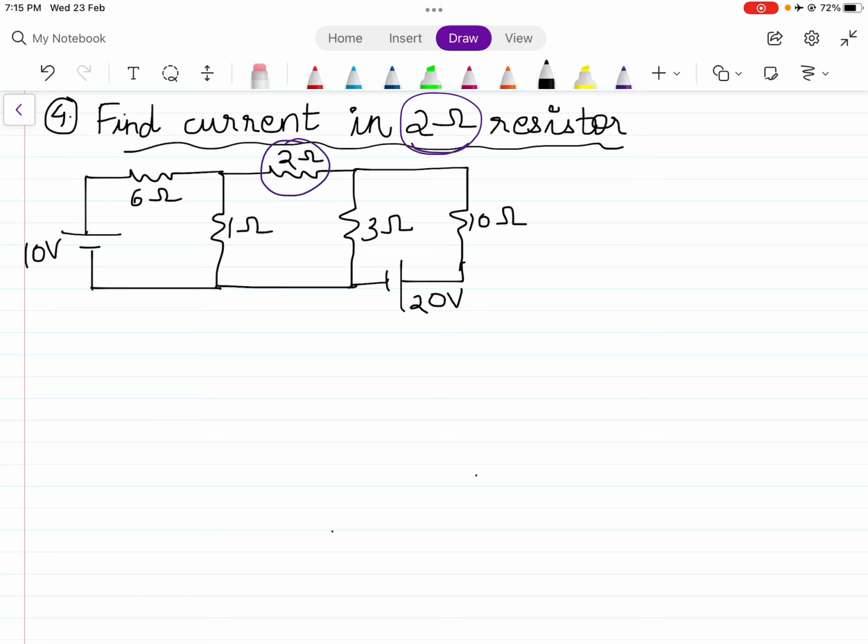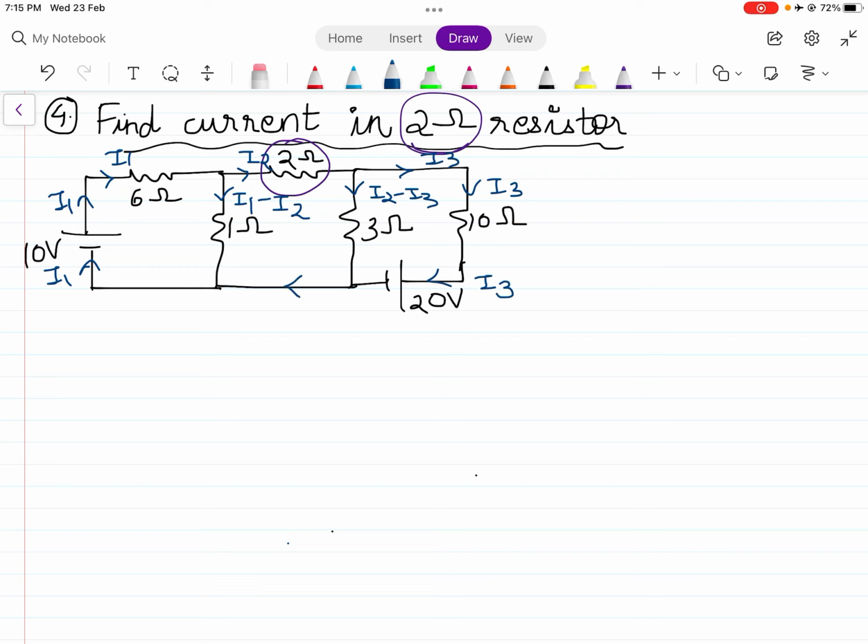First we have to assume the direction of current. So I1 flows like this, I1, I1, I2. So this will be I1 minus I2. This is I3. This will be I2 minus I3. This will be I3. This will be I3.